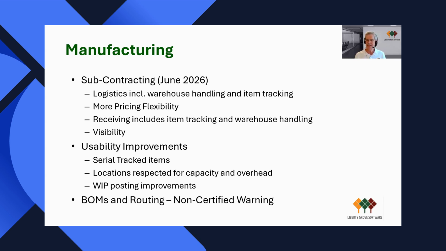Locations respected for capacity and overhead. Well, we talked a moment ago about subcontracting and posting transactions. Well, this kind of ties in as well. Your financial activity as it relates to manufacturing is defined in your inventory posting setup. And traditionally, it was blank location and then the general product posting group that was used to determine where your transactions got posted.